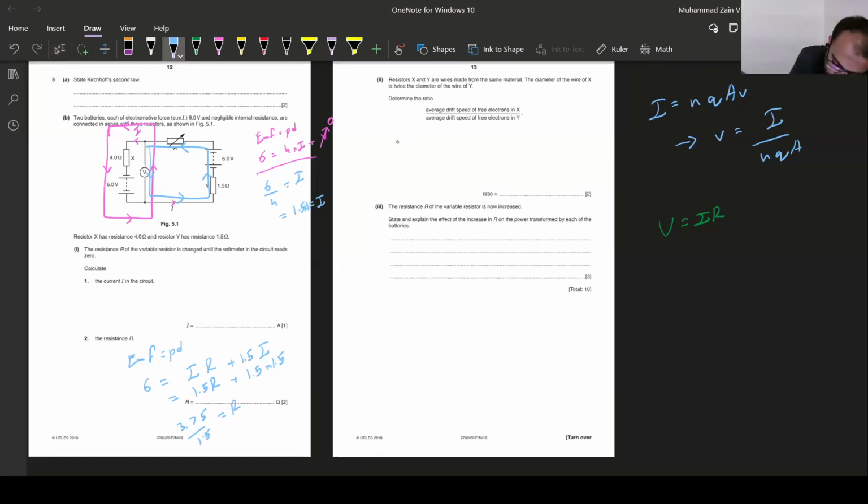So the drift speed velocity across X divided by the drift speed velocity across Y. I do this equation, I get current across X divided by number density of X, charge of X and area of X. And then I divide this further by the current across Y divided by N Q area across Y. Times X, area across Y.